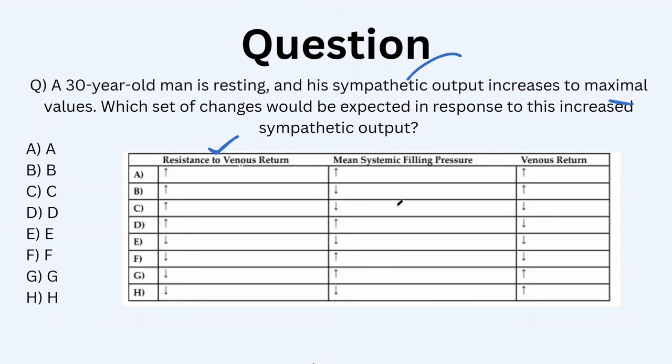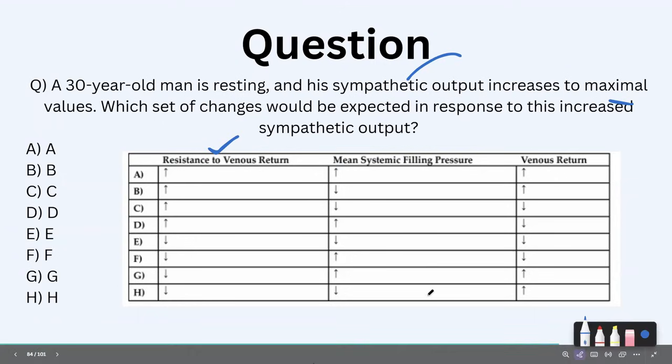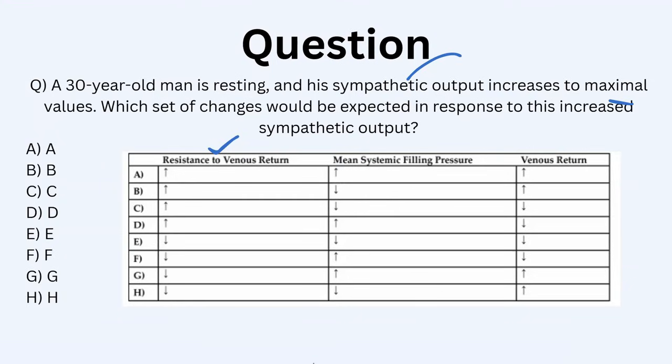When your vena cava and your larger veins are contracting, that means all of the blood is being pushed into the heart. Okay, what does that mean? That means that you have an increased mean systemic filling pressure. Okay, so you have this one. Because, see, sympathetics not only act on the arteries, they also act on the veins, right?